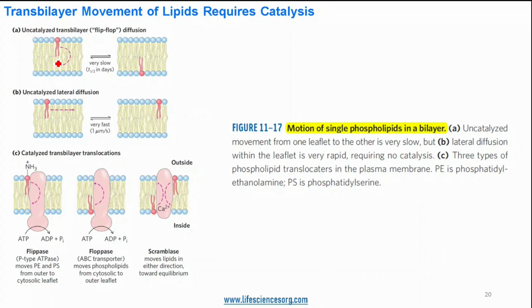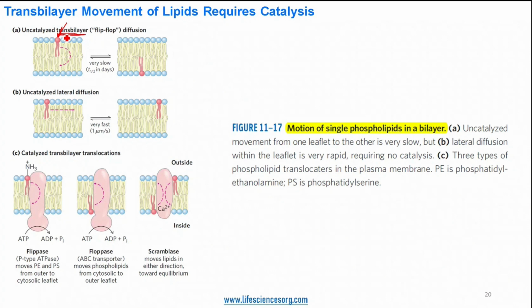Okay. So what is happening? We are now looking specifically at one phospholipid. We have colored this one, for example. If this phospholipid can go into the other half of the leaflet of the lipid bilayer, this is called transbilayer diffusion.